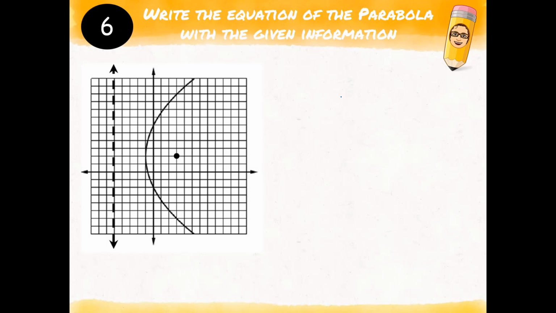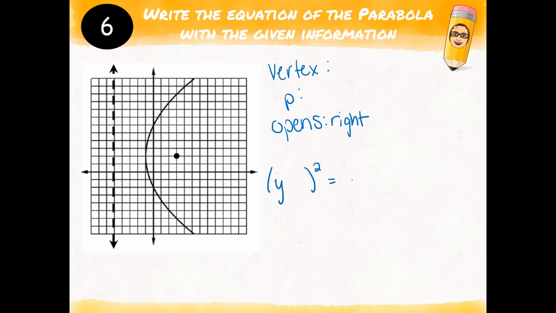Let's try number 6. Again, we need the vertex, the p-value, and which way is it opening? Well, it is opening to the right, which tells me that it's going to be a y squared guy. So let's go ahead and write that business out here. So y something squared equals, leave some blank for that 4p, x.